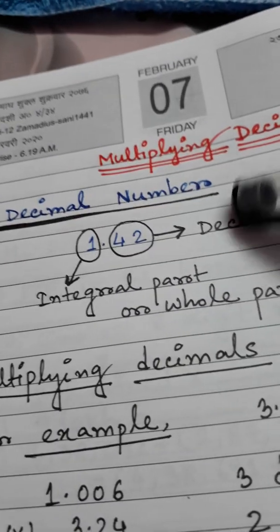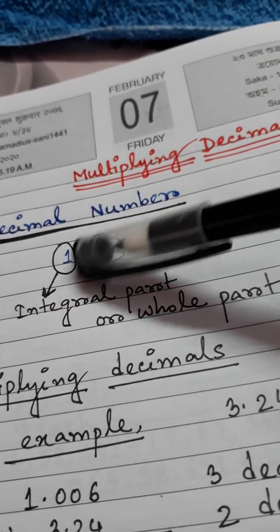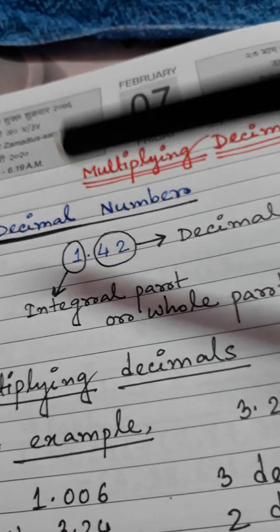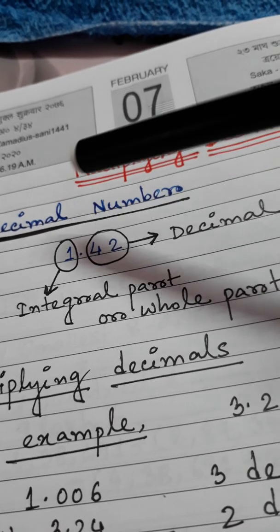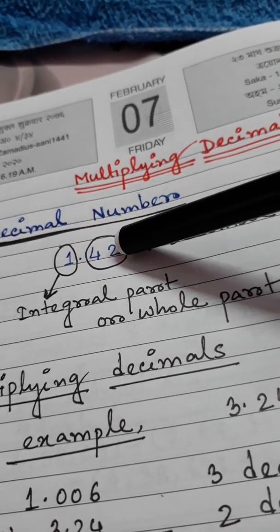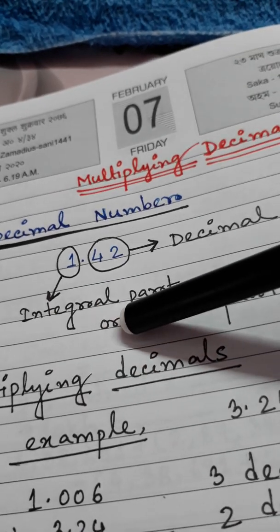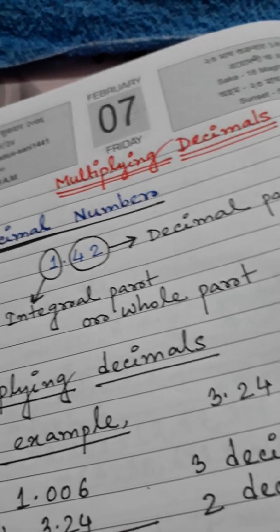So take a decimal number, for example 1.42. Here 1 is the integral part, or you can say the whole part, and the number after the decimal point is called the decimal part. So here 1 is the whole or integral part, and 42 is the decimal part.